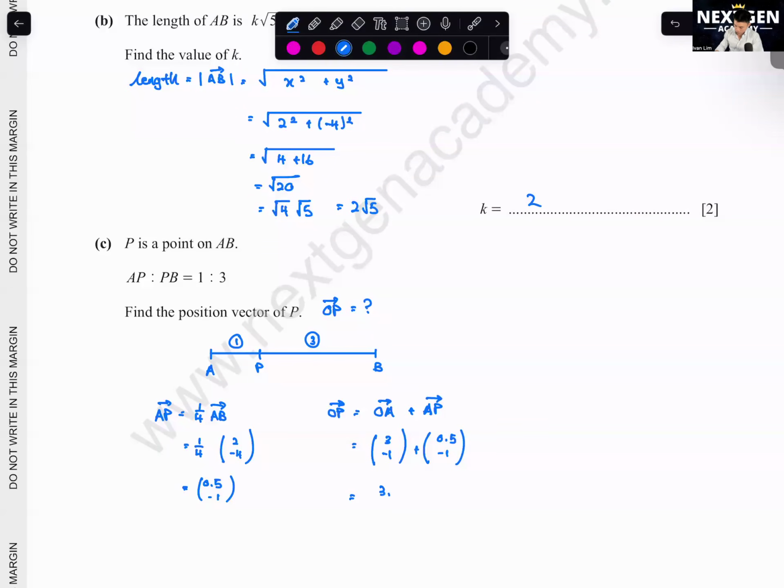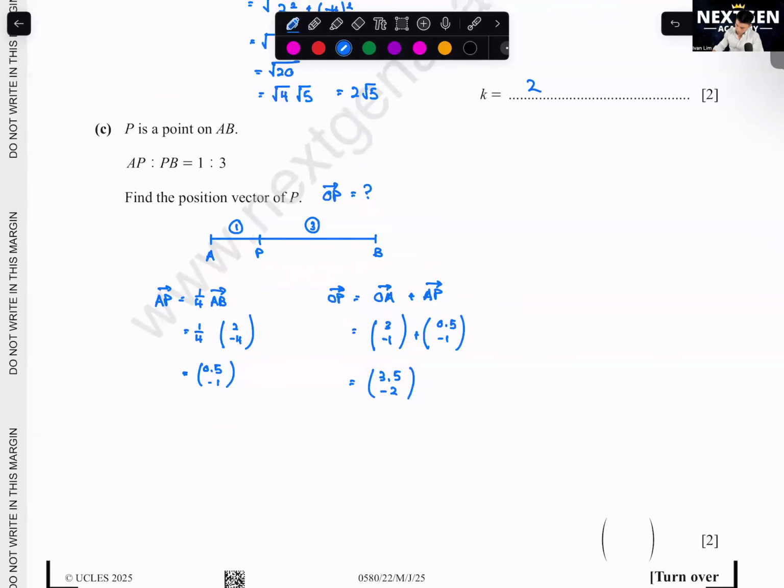Final answer, 3.5 and minus 2. We'll just write it in this column vector form. All right, so you will see that vectors will connect together with coordinate geometry also, the type of questions.